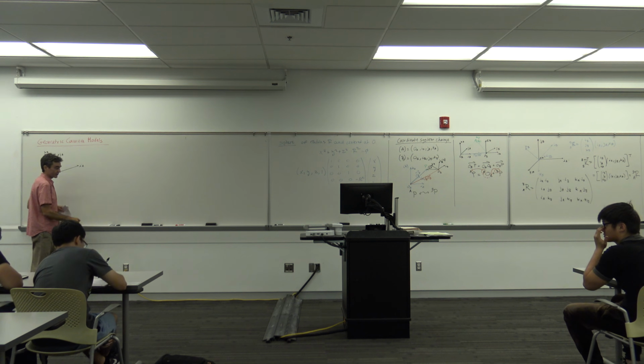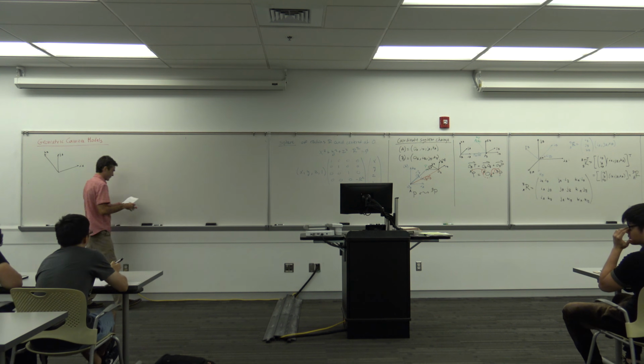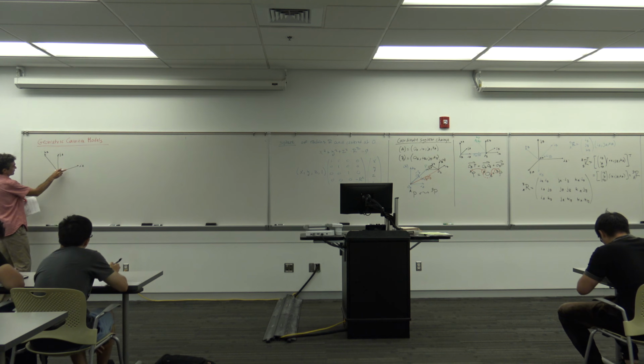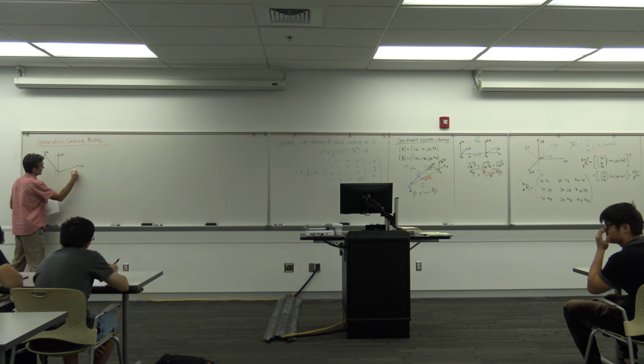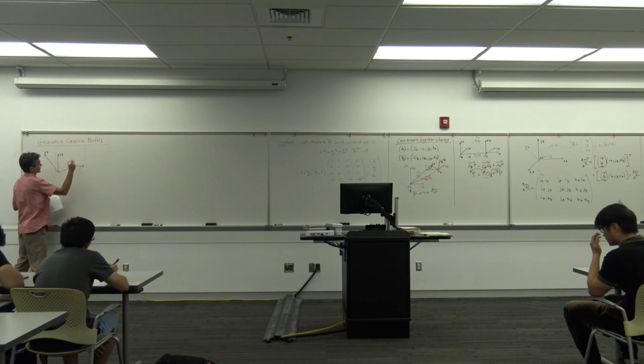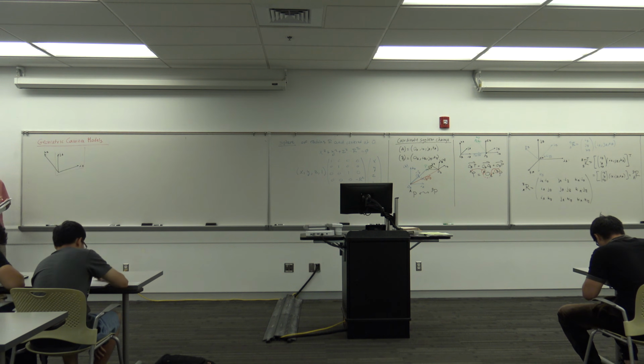In this 2D plane, you see these two basis vectors, IA and JA? Those define a plane, right? I'm going to rotate on that plane, which means I'm rotating about KA.